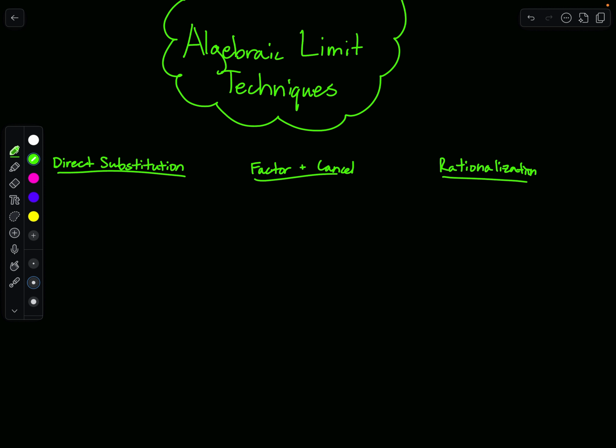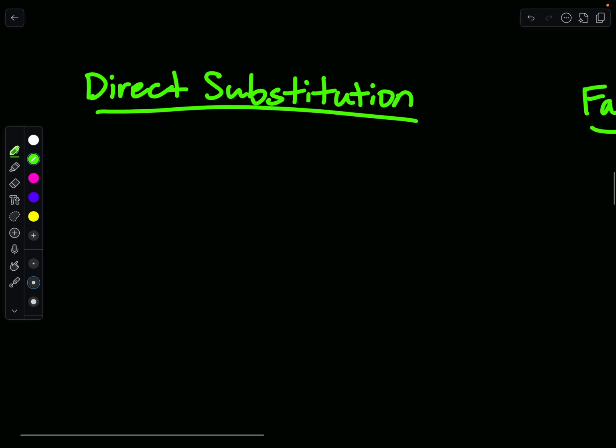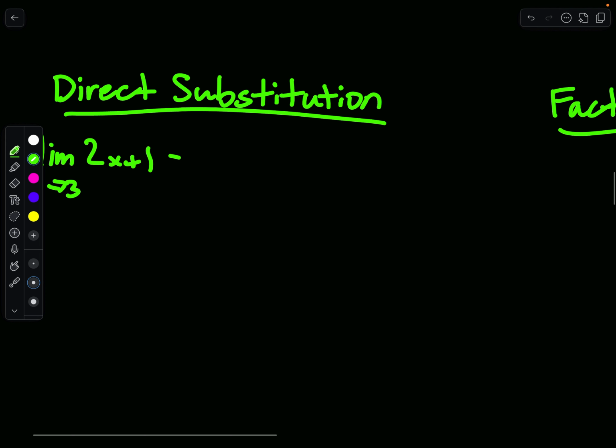The first is direct substitution. So if the function is nice, meaning continuous, we can just plug it in. One example of this is the limit as x goes to 3 of 2x plus 1. Here you can just substitute in the 3 to get 7.